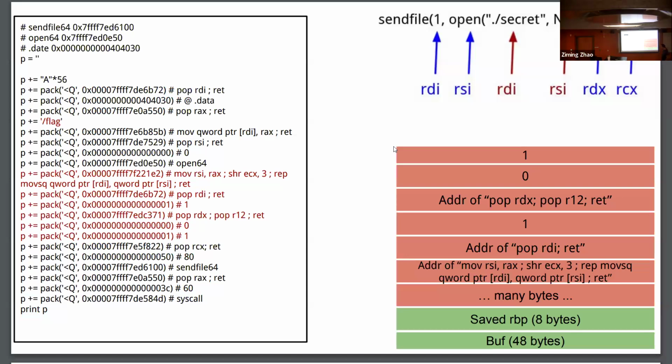But the problem is there are 2 more instructions. Hopefully those 2 more instructions will not crash the program or change anything important. And as we can see here, there is a right shift to ECX, so it doesn't really matter. Okay. Then there is a move. This one will be tricky because it's also related to this. We're going to move from where RSI points to where RDI points to.